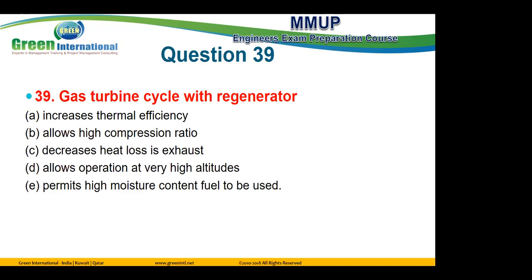So what happened? I increase the temperature going to the combustion chamber, so you decrease the heat input, Q added. If you decrease Q added, what happens? Increase of thermal efficiency.